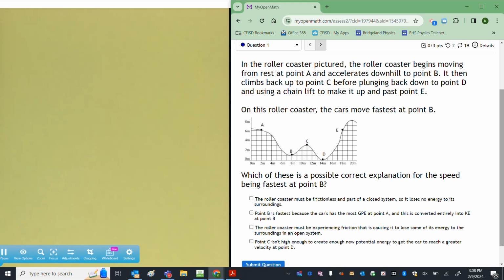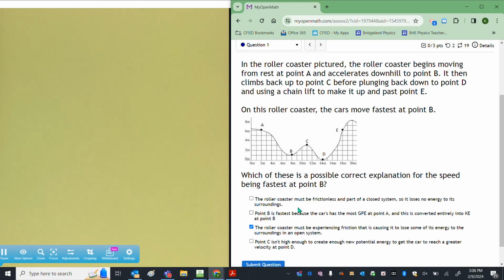And if you lose energy, you would of course have less total energy and thus potentially less kinetic energy at point D than you had total energy at point B. And so that's the only explanation here that makes sense, that the roller coaster must be experiencing friction, causing it to lose some of its energy.